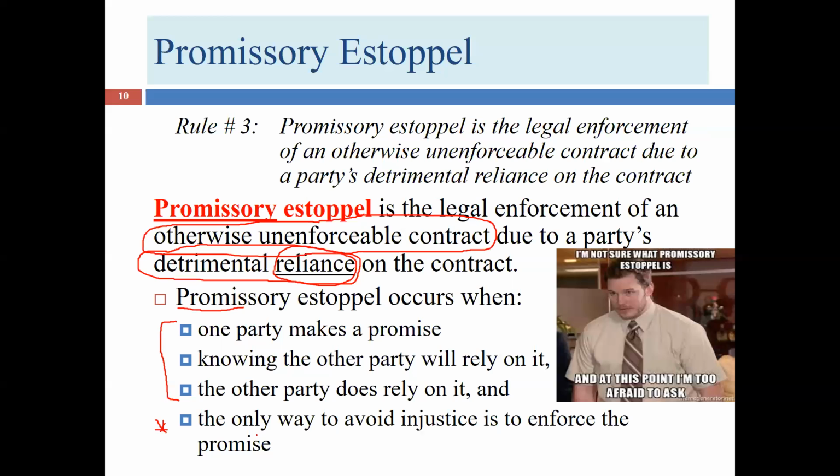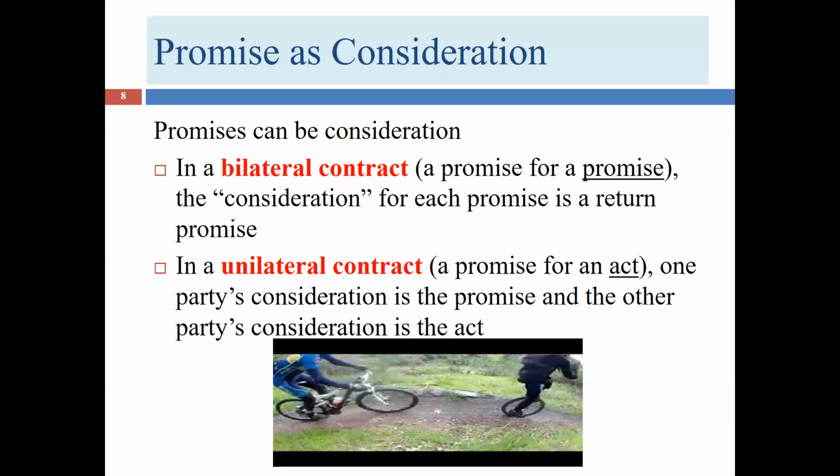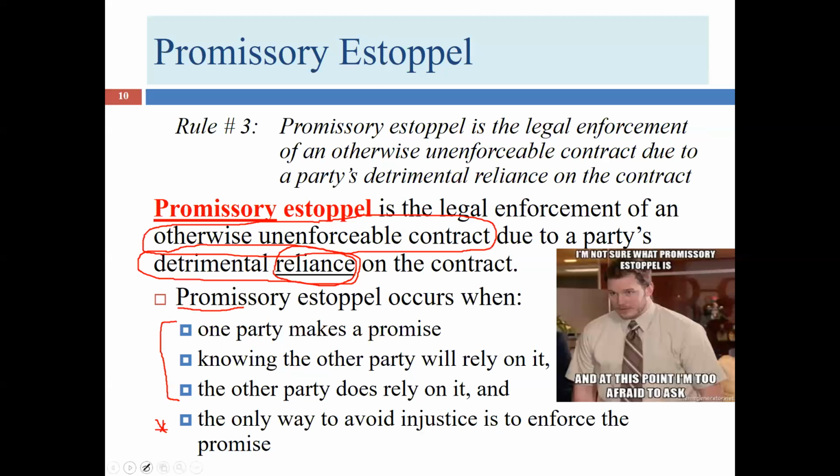So you can see how promissory estoppel can work even if there is no consideration on one of the parties. And you can see in this scenario, under promissory estoppel, there is no need that both parties make a promise, or that we actually have either a bilateral or unilateral contract. In fact, we don't have a contract at all under this scenario.